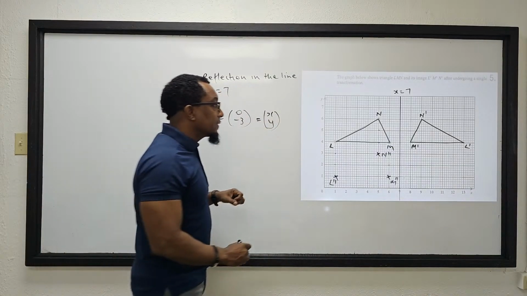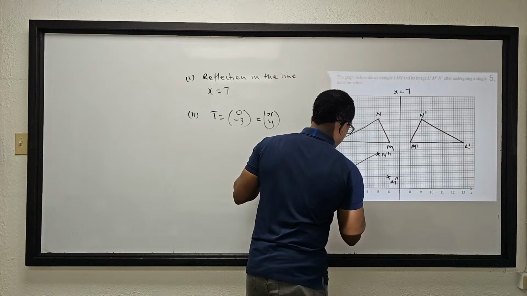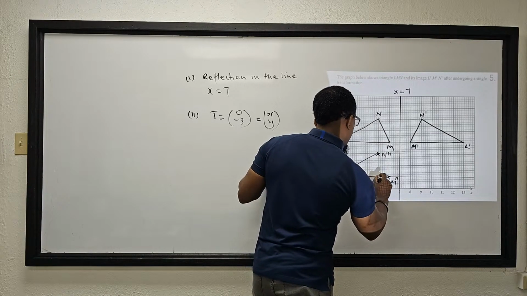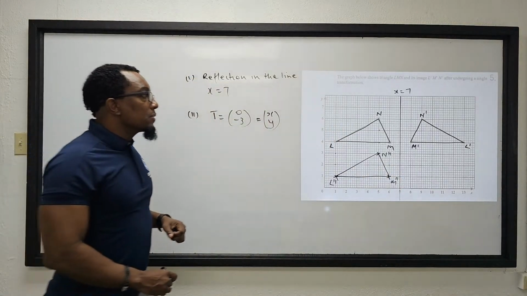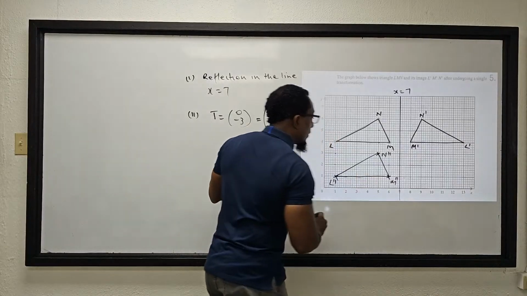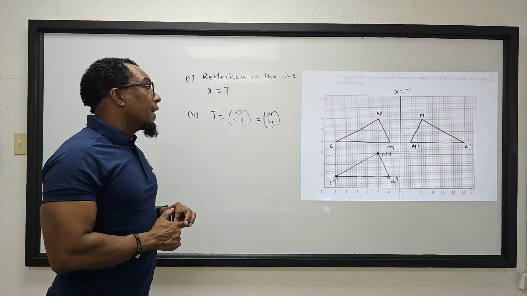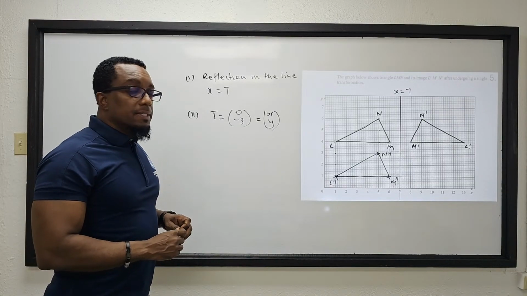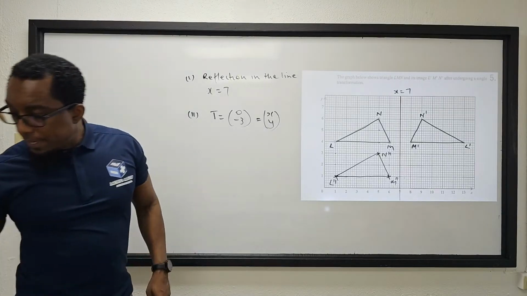So when I connect, this here is the translation of LMN using, of course, the translation vector 0, -3 to L double prime, M double prime, N double prime.